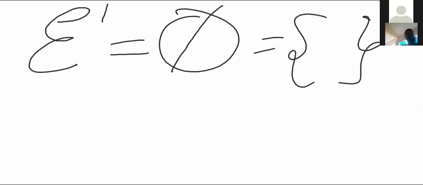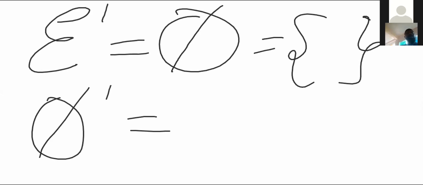Now I want to ask you a question. What is the cardinality of an empty set? Oh, sorry, I was talking about complements. What is the complement of a universal set? It is an empty set, because if there's something that's not in the universal set, it should be an empty set.